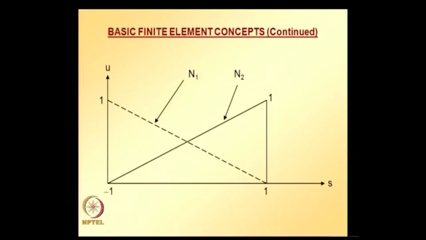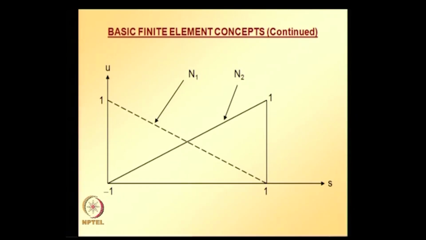And this N1, N2, if you plot on the s coordinate system, the variation of N1, N2 looks like this. N1 is going to have a value equal to 1 at its own position, that is N1 is going to be 1 at s equal to minus 1, N2 is going to be 1 at s equal to 1, and N1 will be equal to 0 at s equal to 1, N2 will be equal to 0 at s equal to minus 1.